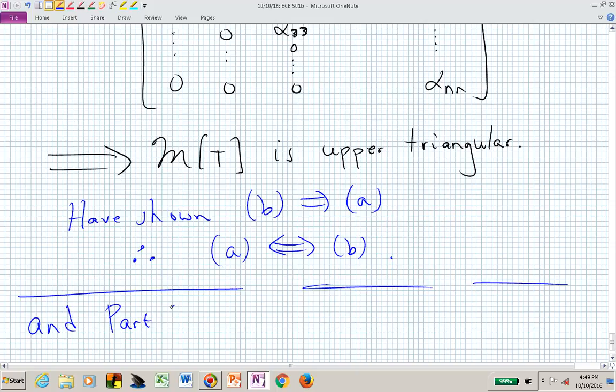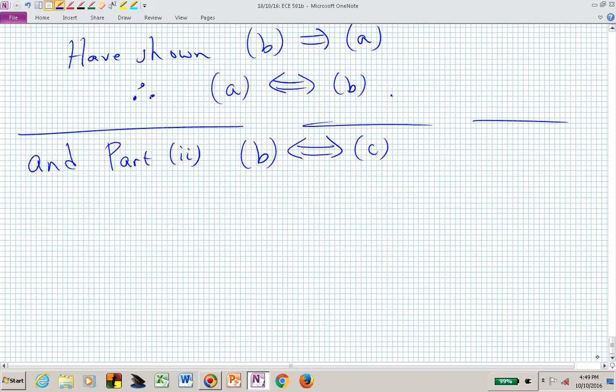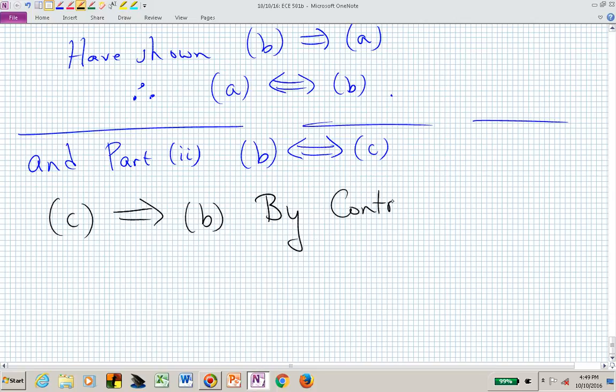If we look at part two, now we want to show that B and C are equivalent statements. And let's mix it up a little bit. Suppose that we now say, well, let's show that C implies B by a contrapositive argument. Contrapositive, so now we look at the positions, we switch positions, and we take the negative of those.